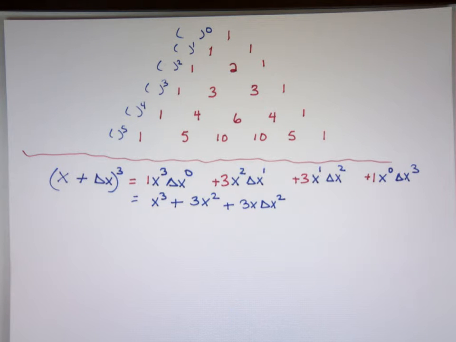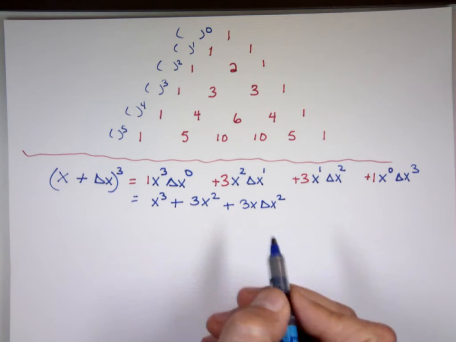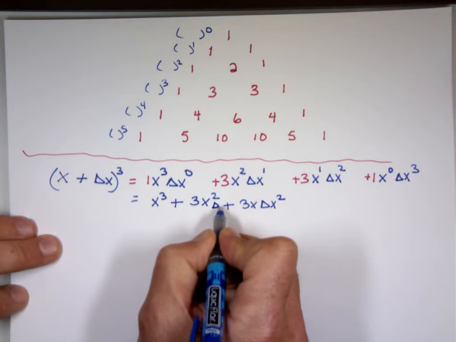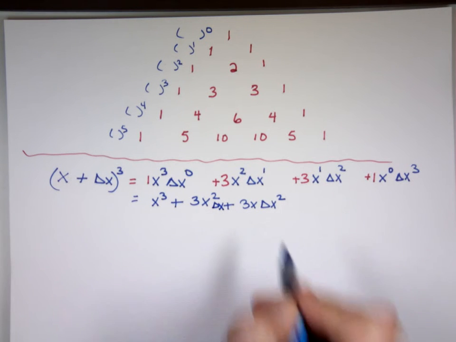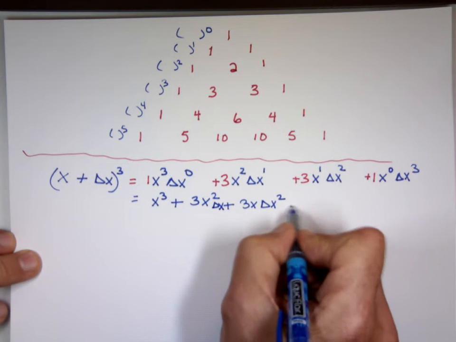What? 3x squared. Oh, I forgot the delta x. Thank you. 3x delta x squared. And the last one is what?